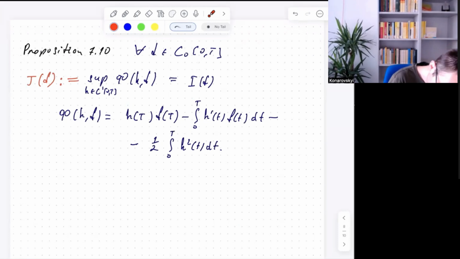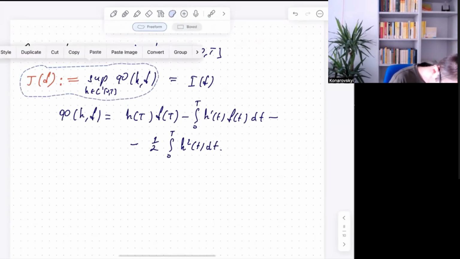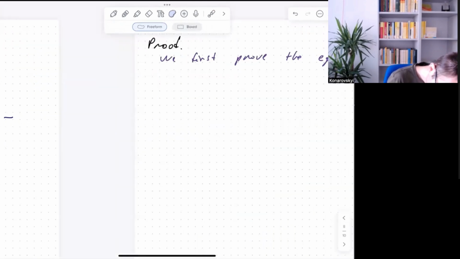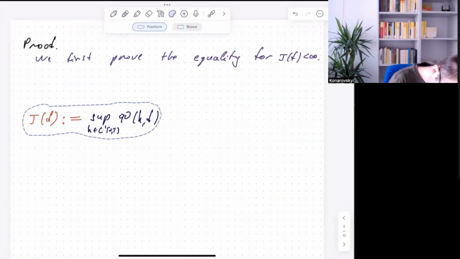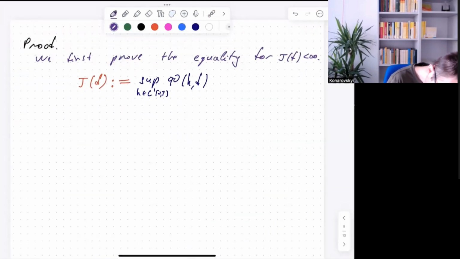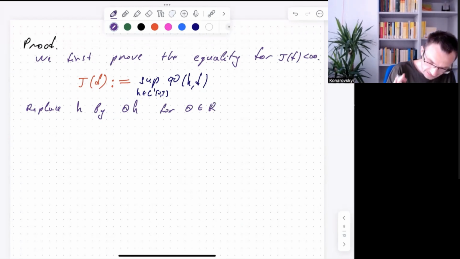Let me take this j here, and replace h by theta h, for theta from R. Note that the C1 space is a linear space.